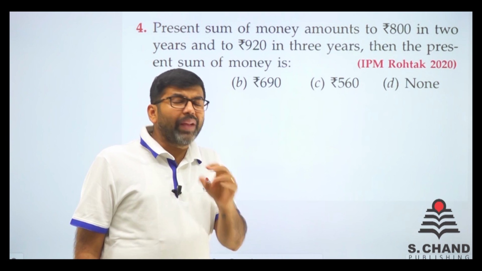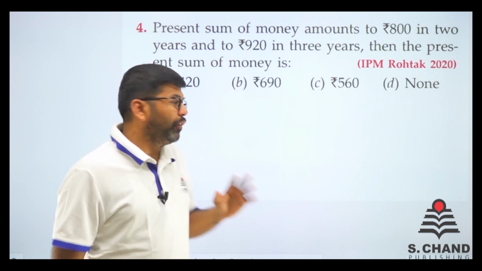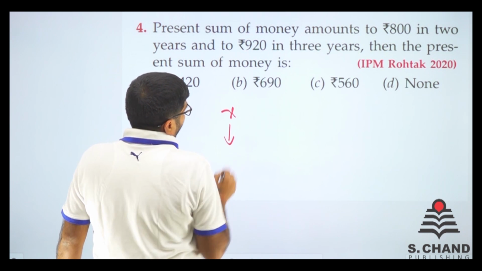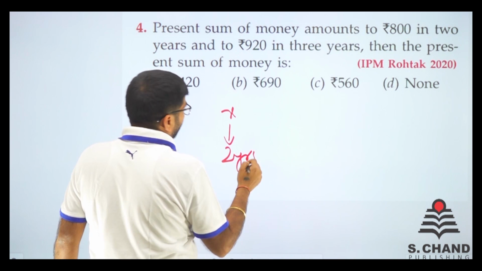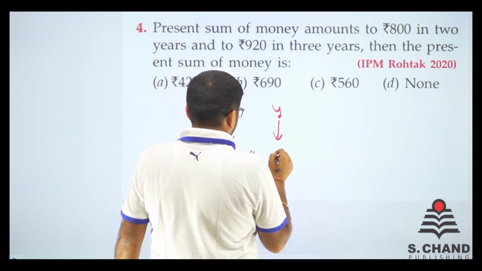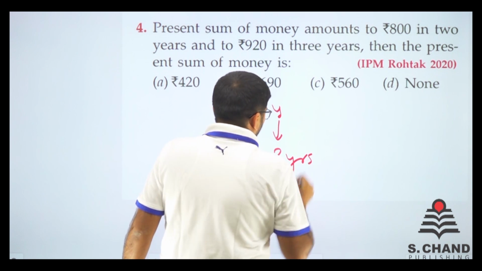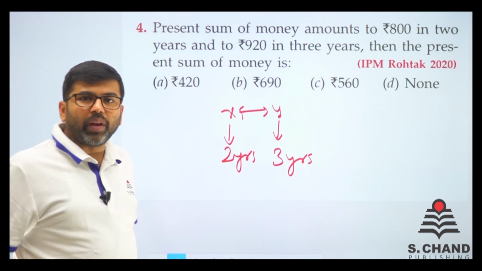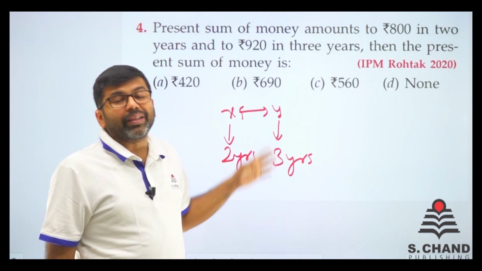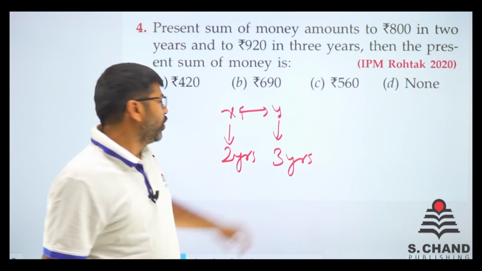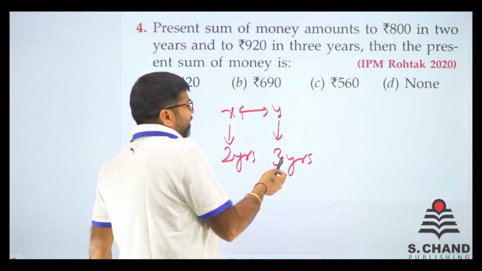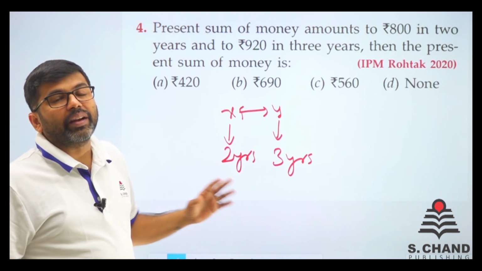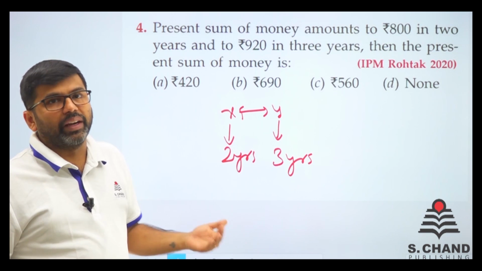See, one thing is for sure, that if I get X money in 2 years and Y money in 3 years, the difference between these two is the interest only, because every year the interest gets added. So if you subtract this value from this value, you will get the actual interest per year, right?